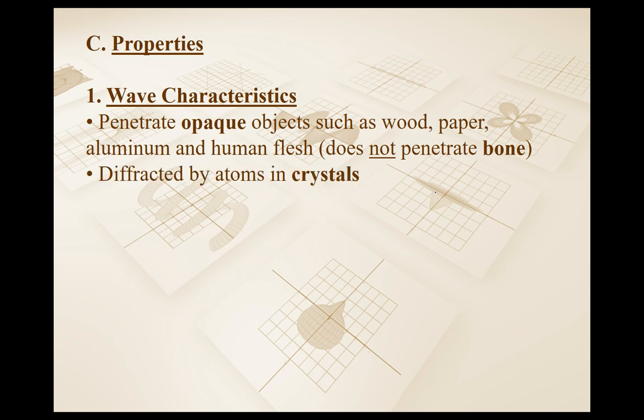Two, it is possible to diffract an X-ray. It's just not easy. Again, the issue we have with diffraction is that in order to diffract light, you need the spacing or the size of the slits to be very tiny. It's got to be smaller than the wavelength of the light itself.